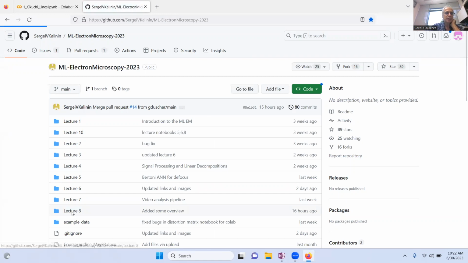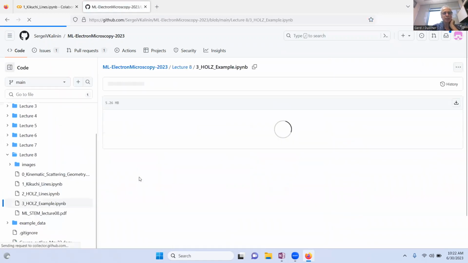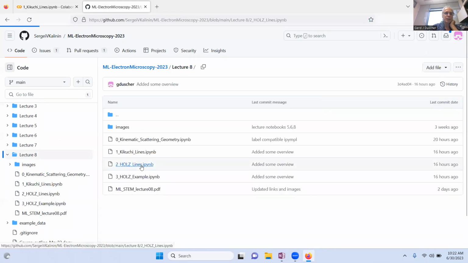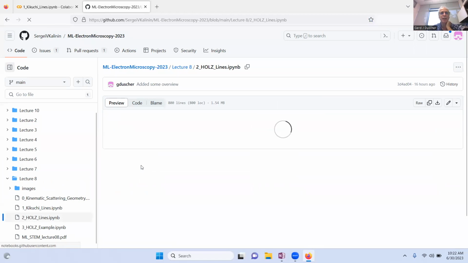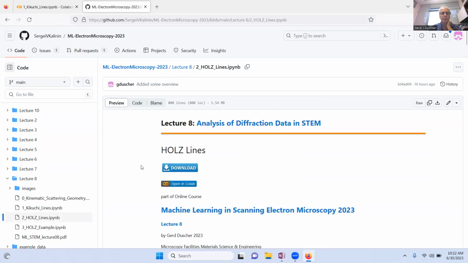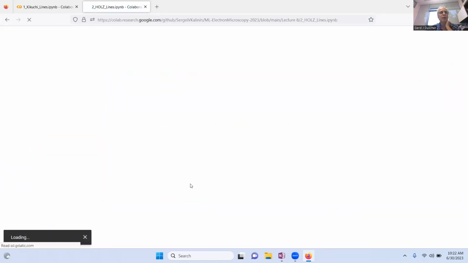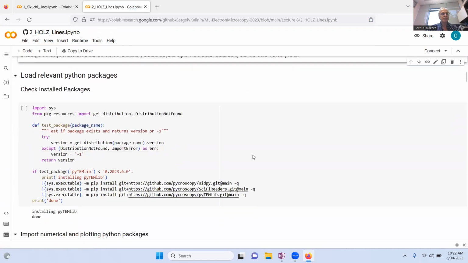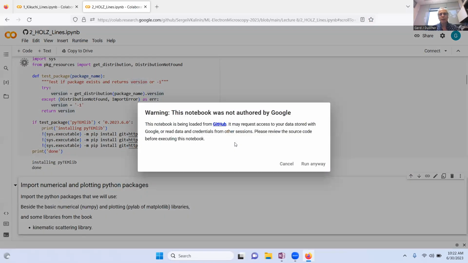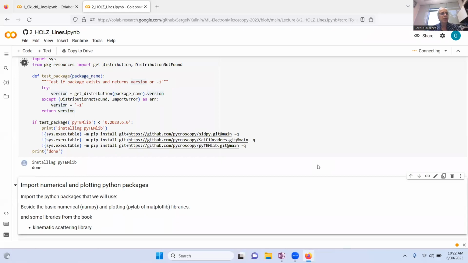Now we do the same thing with the higher order Laue zones. Oh, that's not the one I wanted. I want to have the whole lines and how they are related to what's going on. We open it in Colab. We run this instance.